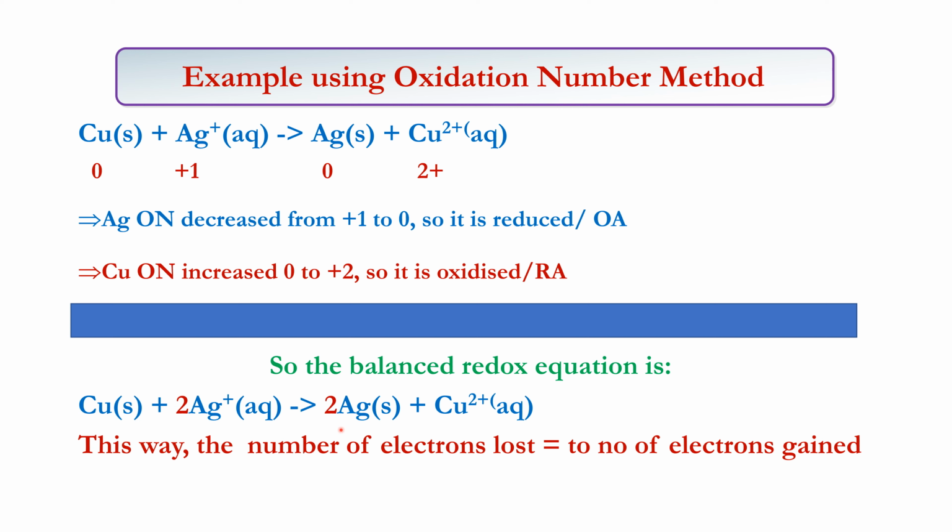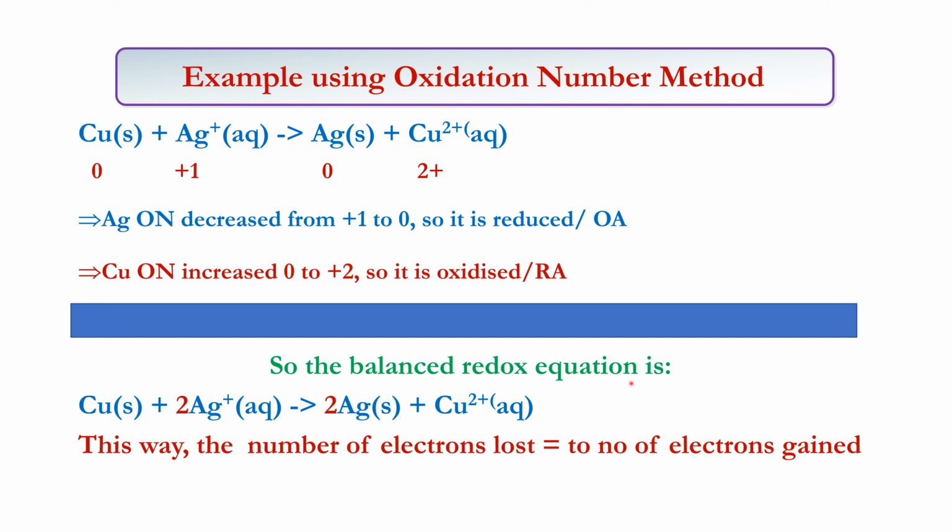Then you find out which element has been reduced and which has been oxidized, and also which element is the oxidizing agent and which is the reducing agent. Then finally, you add coefficients so as to make the number of electrons lost equal to the number of electrons gained. So here we have added 2 for silver because we have Cu2+ here.